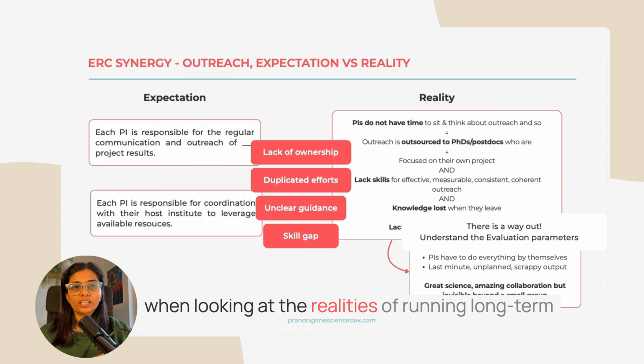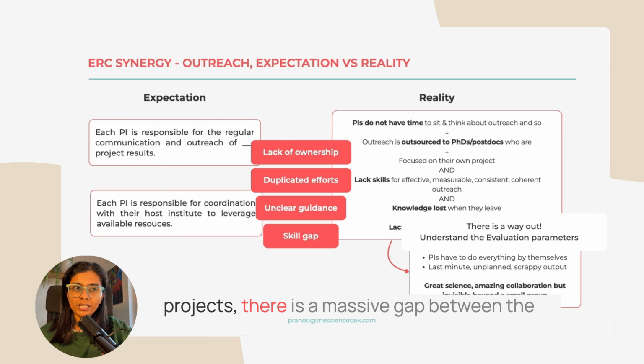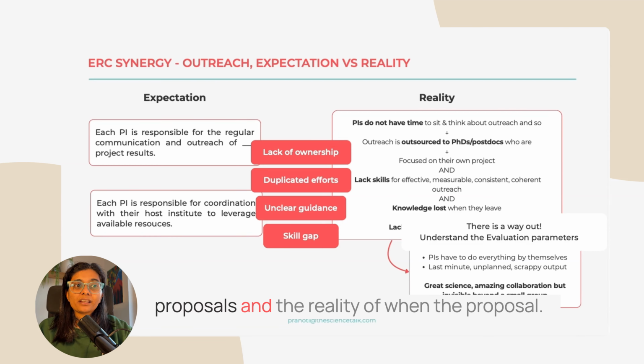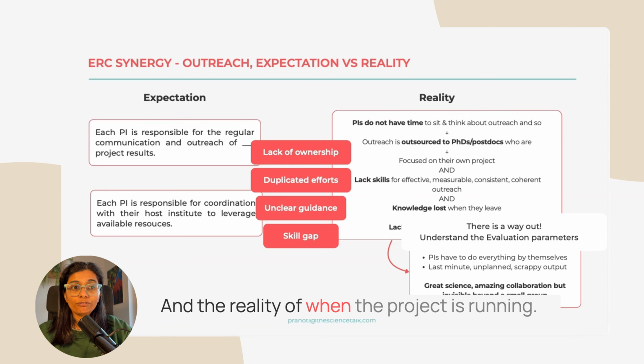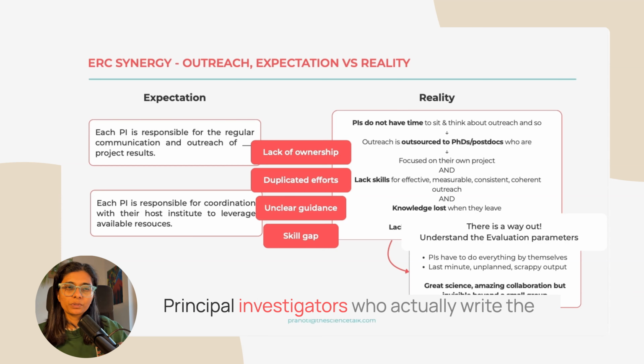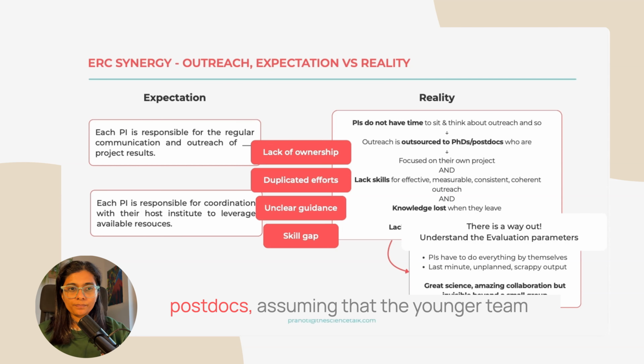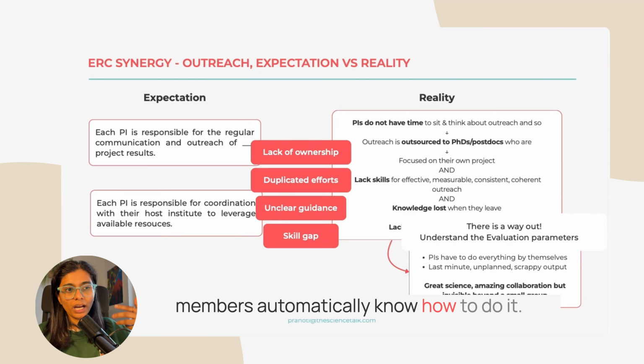When looking at the realities of running long-term projects, there is a massive gap between the outreach expectations that are written in the proposals and the reality of when the project is running. Principal investigators who actually write the proposals often delegate outreach to PhDs and postdocs, assuming that the younger team members automatically know how to do it.